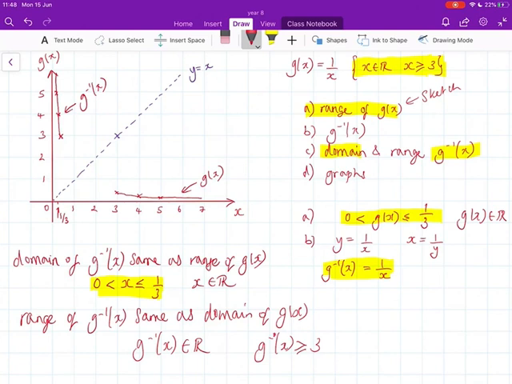So it's a reflection of our g of x graph in line y equals x, and we can see our domain is x can be any value between 0 and 1/3, and the range, well, the lowest value that g to the minus 1 of x can get to is 3, and the graph continues upwards indefinitely, so there's no maximum, but the value will always be greater than or equal to 3.